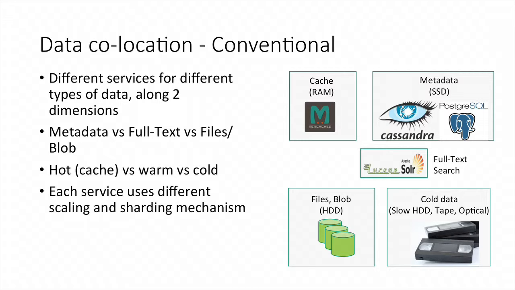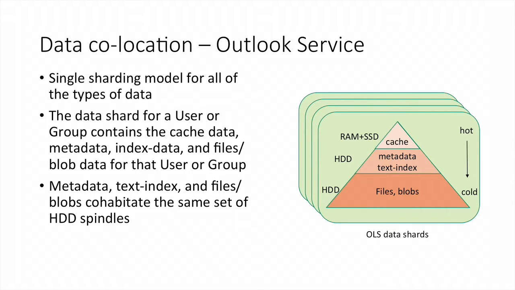And again, it follows the classic service-oriented architecture, where each guy just develops his part of the puzzle and things come together, right? And it works for the most part, which is why it's so popular, right? So we've taken a different approach to this, and we have again flipped the problem on its head, and say, no. The data shards are the most fundamental thing, which is the users and groups.